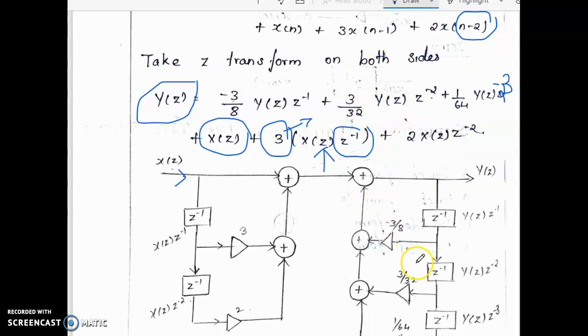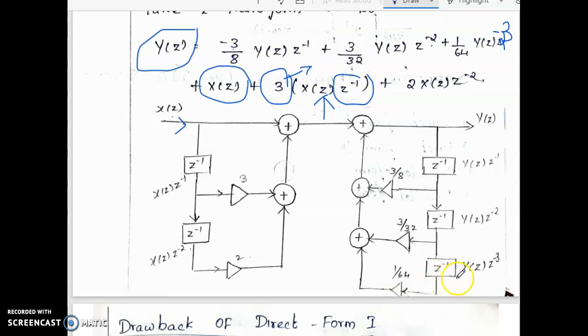Like that, 3 by 32 Y(z) z power minus 2, and 1 by 64 with three delay elements, so we get Y(z) z power minus 3. All combined together, we get minus 3 by 8 Y(z) z power minus 1 plus 3 by 32 Y(z) z power minus 2 plus 1 by 64 Y(z) z power minus 3. So on the output side we get the combination of this entire equation. This is the pictorial representation or block diagram for this function.